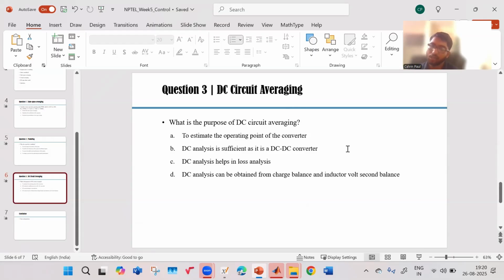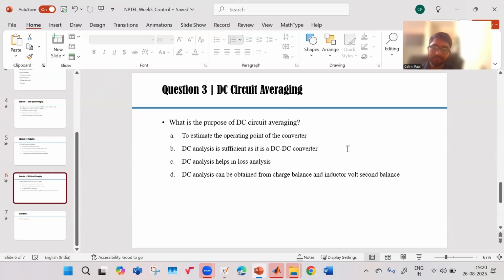What about the others? They all are false or they are true? Second option is not correct. DC analysis is not sufficient. Why? You want it to work in DC, right? But for small signal variations, we need this transfer function analysis. Yes, correct.